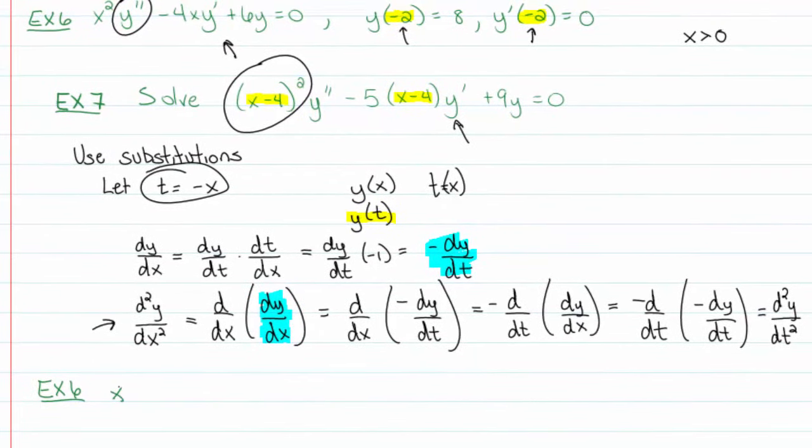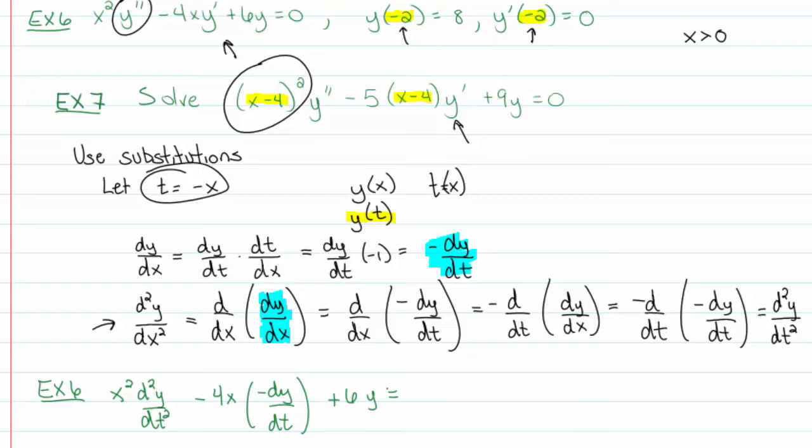You have x squared times the second derivative of y with respect to t, minus 4x times the derivative of y with respect to x, which is now the negative derivative of y with respect to t, plus 6y.